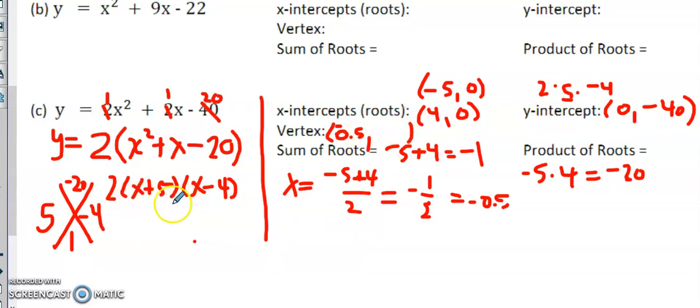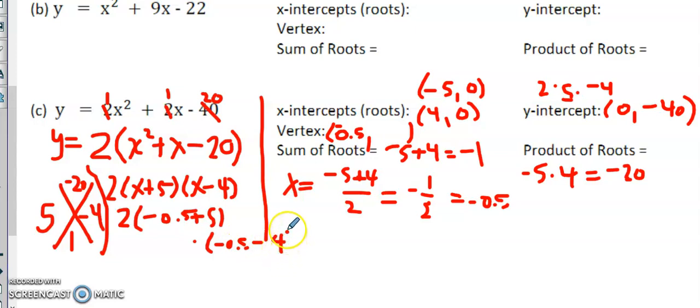And then if I go in here and replace x with negative 0.5, I get y is equal to 2 times 5 minus 0.5 is 4.5.